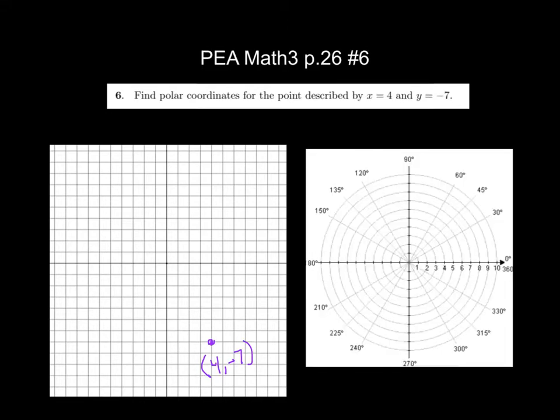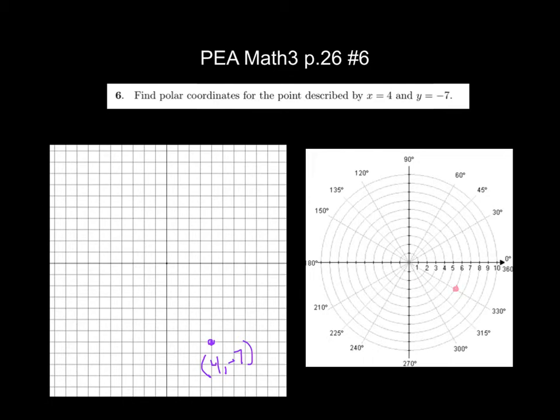Now the polar coordinate system looks a lot like the one on the right here. So instead of having a left, right, up, down, or horizontal, vertical movement, we actually have a radius and an angle theta. So for instance, a good example would be this point, say right here.